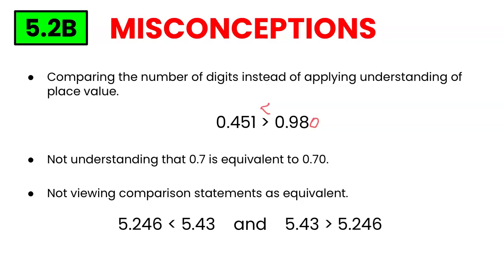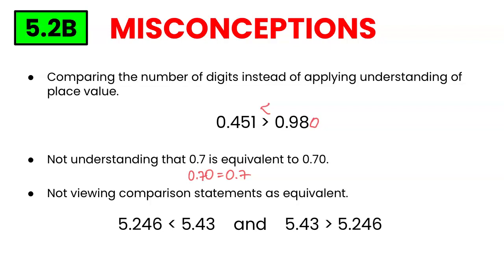The second misconception is what we talked about in the previous problem, not understanding that 0.7 and 0.70 are actually the same decimal, and that we actually have equivalence between those two numbers. And then finally, the last misconception is you want to make sure that students are viewing comparison statements as equivalent.